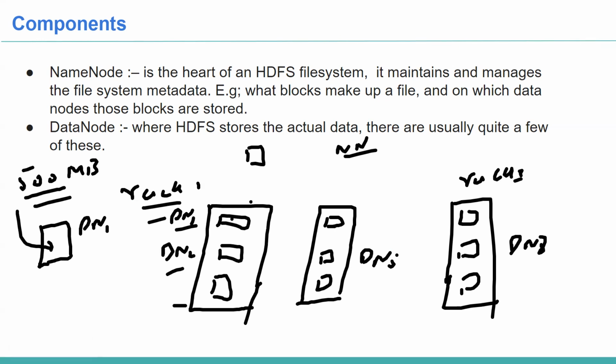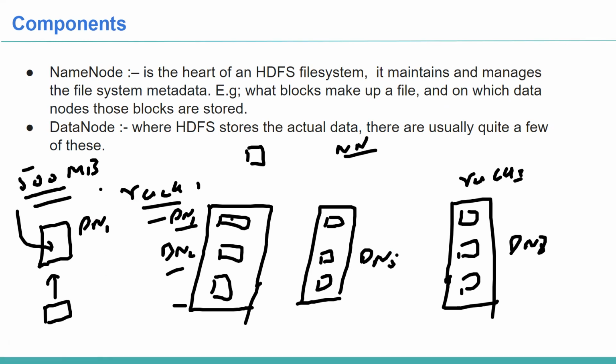We have multiple nodes available, data nodes 1 to 6, say 9 nodes. If we store the data in one node and run a MapReduce job, it will only be able to read the data from one node, and all the other nodes will be idle.